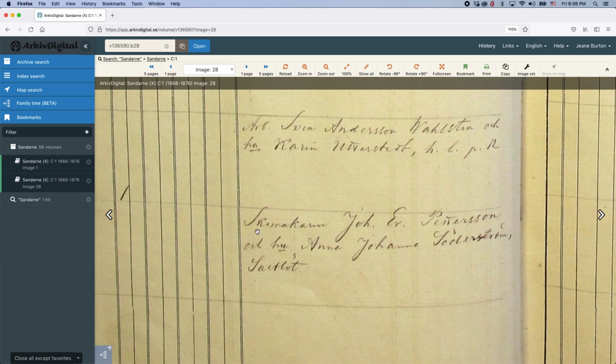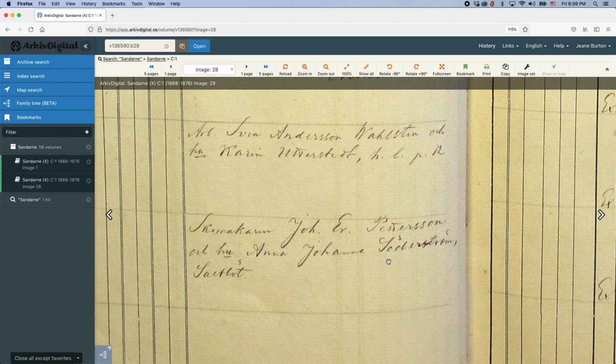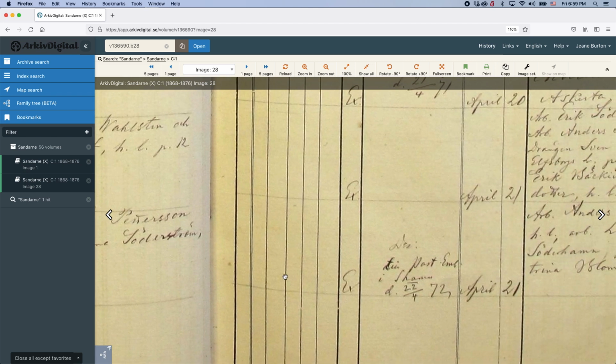Now right up here it says Skolmakeren, Jon or Johan, for Eric, and Pettersson, Oak for, and, Hu, abbreviation for hustru, which means his wife, Anna Johanna, and Söderström is her last name, from Saltlut. That's a place in Söderhamn, I believe.